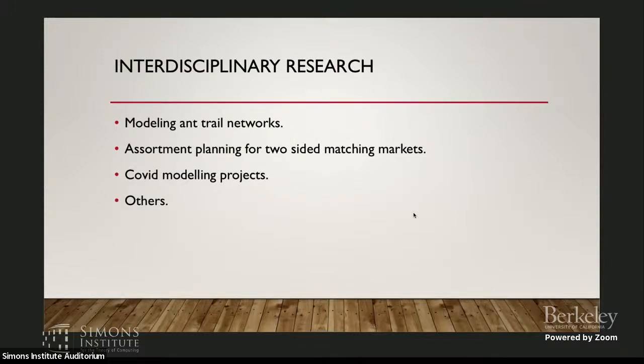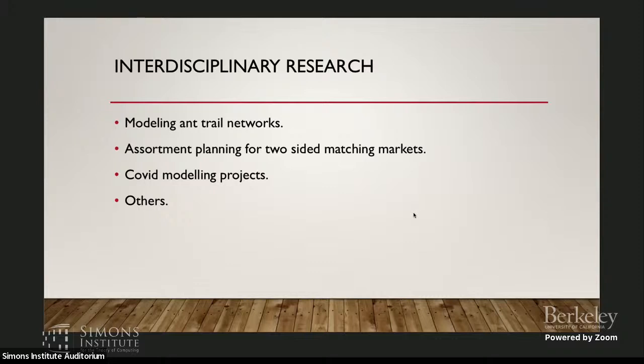Now, apart from this line of work, I've also spent a good chunk of time trying to apply algorithms to some interdisciplinary research. Here are some of the projects. In one of the projects, we have tried to model how ant trail network formation happens. In particular, in the field, it's observed that ants find some notion of a shortest path in order to minimize the probability of getting lost.